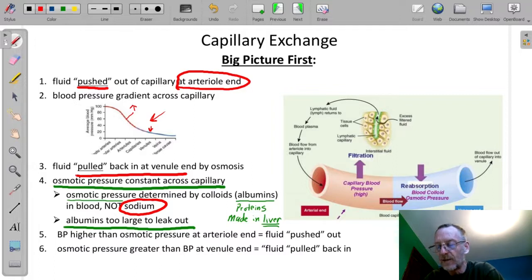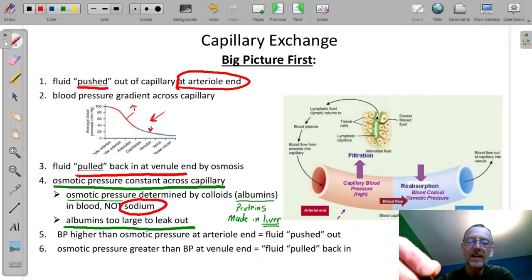But the capillary walls are permeable. They have holes in them. So these are continuous capillaries that allow all of the small stuff, including ions, sodium, potassium, etc., and small molecules like glucose, to readily diffuse out of the blood vessels. And it's all done down a gradient. So the serum albumins, the plasma albumins, these large proteins, cannot escape the blood. They stay in the blood and confer this osmotic potential or this osmotic pressure to the blood.